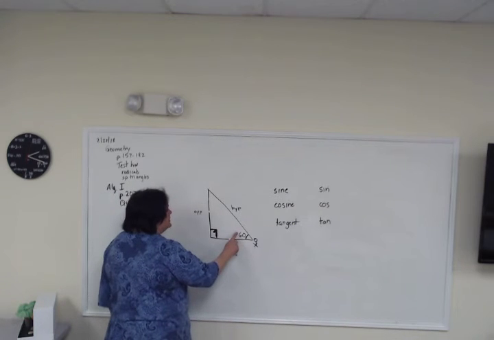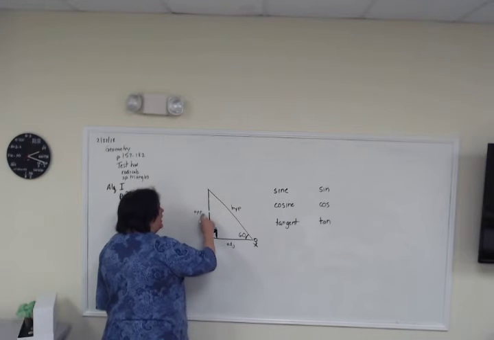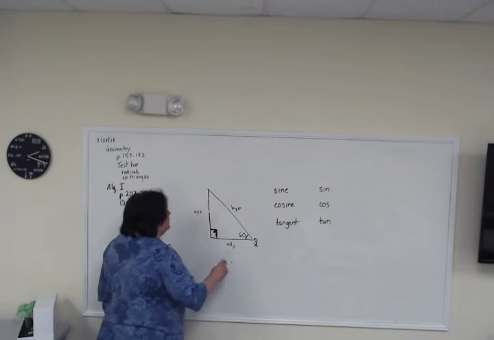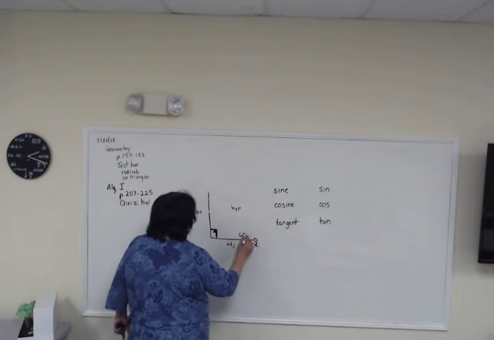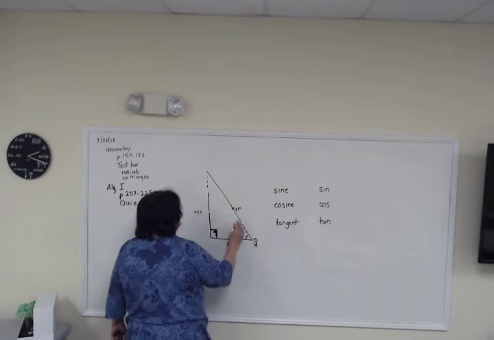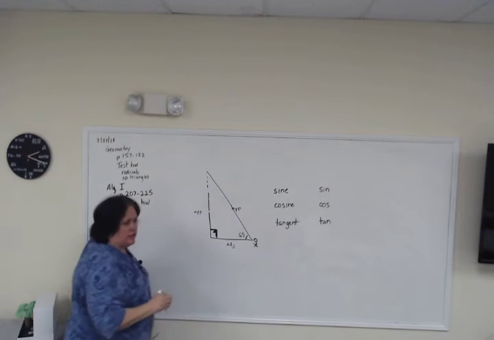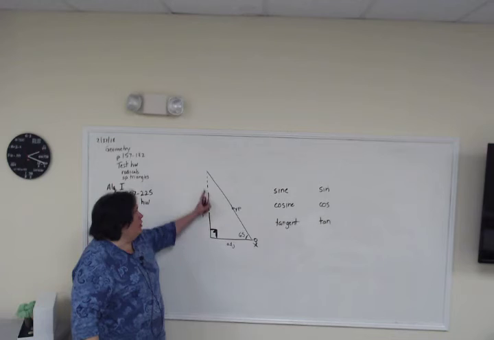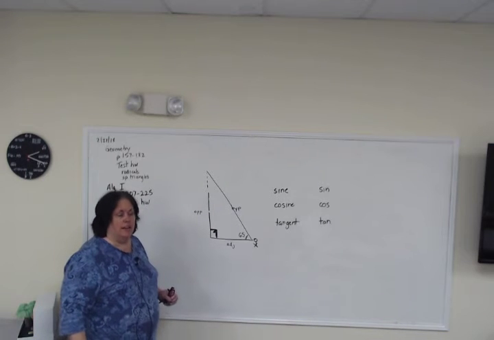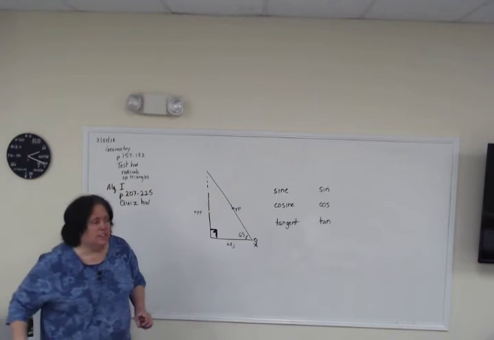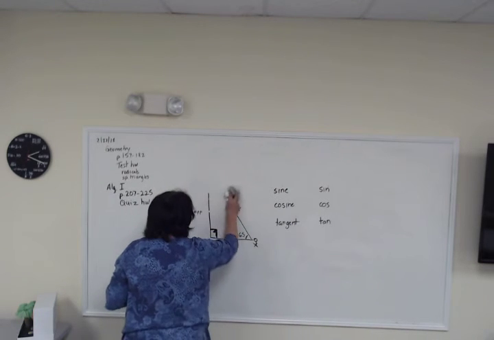When this angle is 60 degrees, this side is a very particular size, isn't it? As I increase this angle from 60 to 65, now this side has to get longer, doesn't it? The larger this angle gets, the longer this side is. So the sides of a triangle are related to the size of the angle in a right triangle.